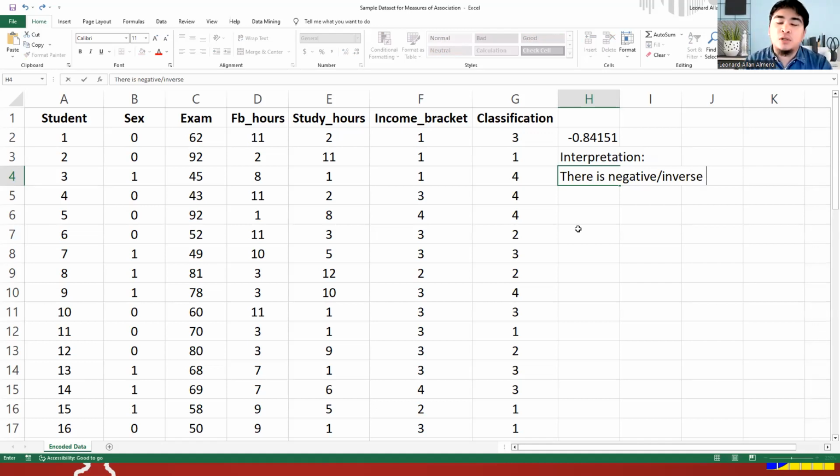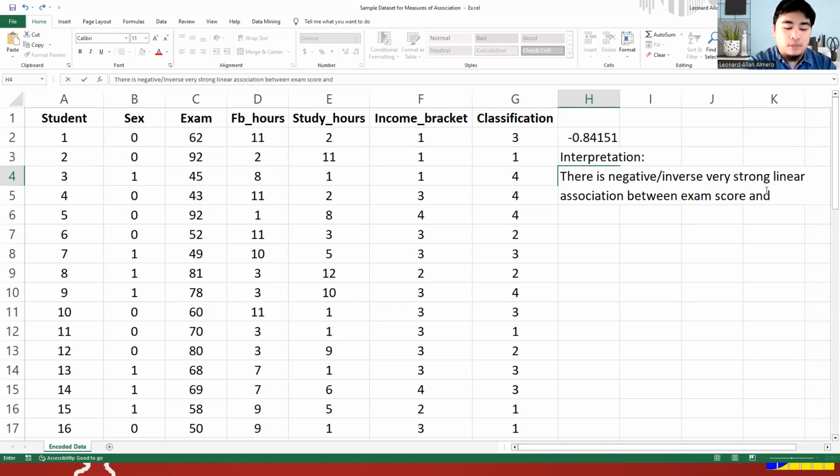Very weak, weak, moderate, strong, very strong. Kung tatandaan niyo po, that is a very strong. Okay? So there is a negative, very strong, linear association between the two variables, which is between exam score and number of Facebook hours.